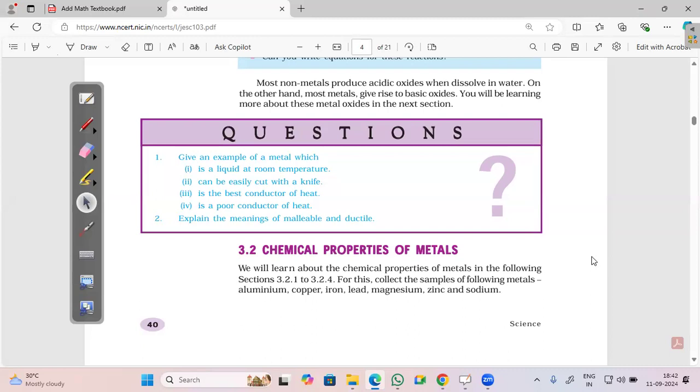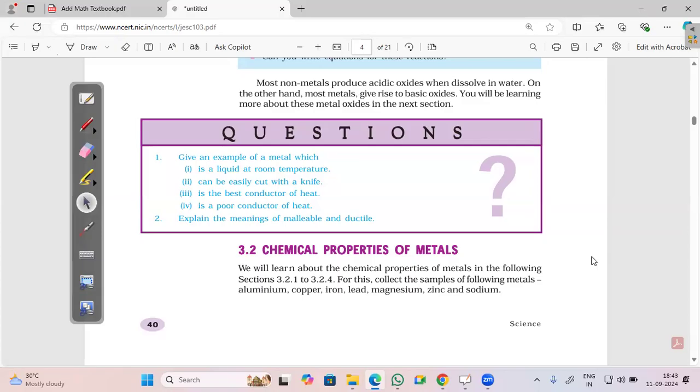So in the chemical properties, whenever we look at any substance, we look for its reactivity with oxygen, its reactivity with water, reactivity with acids, its nature, whether it is acidic or basic, and reaction with other substances, if there is something specific.